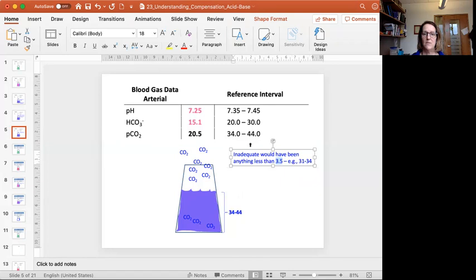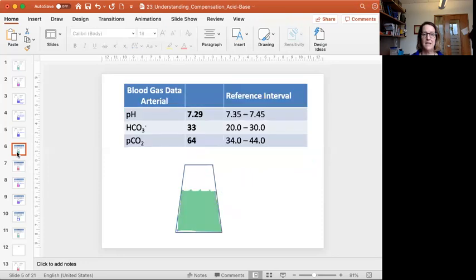So it would have been anything between 31, say, and 35.5 or 31 and 34, as I've written here. So that would have been evidence of inadequate compensation. I can't make you do that on the final or on any exam because I don't make you do math, but Valverde might, I don't know.